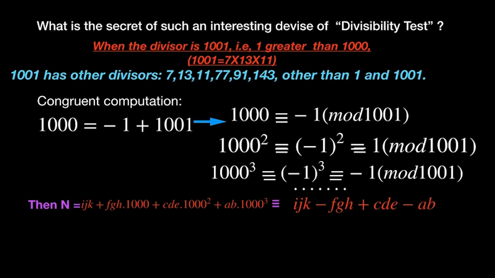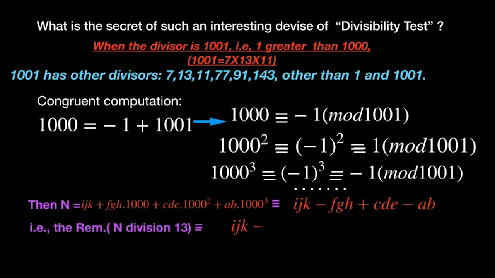Every even power of 1000 gives positive 1, and every odd power gives negative 1, and therefore we will get the alternate plus minus sum of 3-digit blocks from the right side.